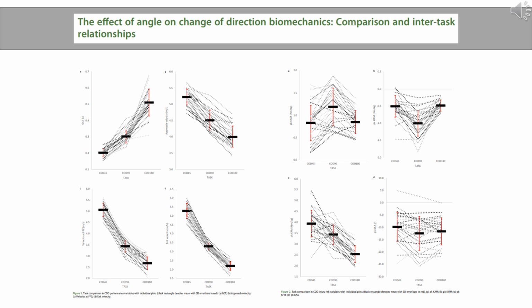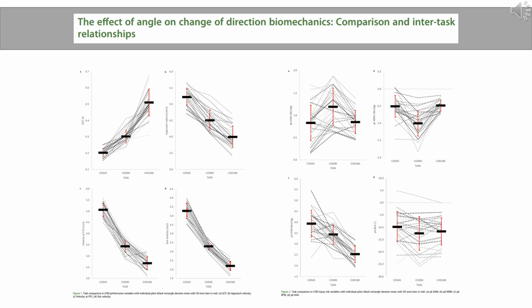Let's start by looking at this figure on the left, which contains 4 individual graphs. This top left graph, graph A, which is quite hard to see there, is ground contact time. This one on the right is approach velocity. The figure bottom left is velocity at final foot contact, and the figure bottom right is exit velocity.